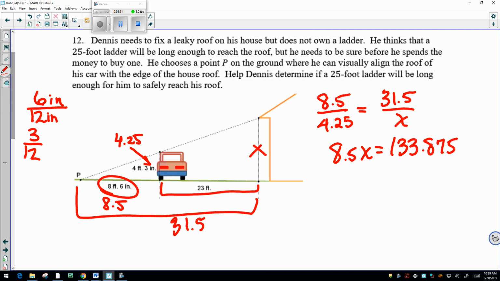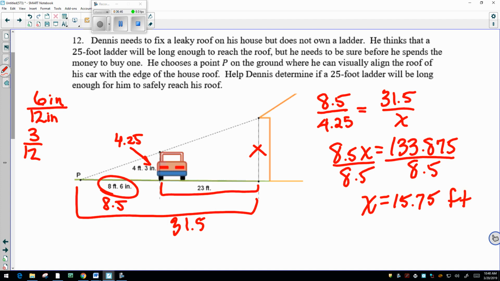Okay. And then from here, divide by that 8.5, and we find x is about 15.75. So if the house is about 15.75 feet tall, will a 25-foot ladder reach to the top of the house? Yes. So he is okay with buying that ladder. Thank goodness he lined his eyesight up with the roof for that problem. We are okay.